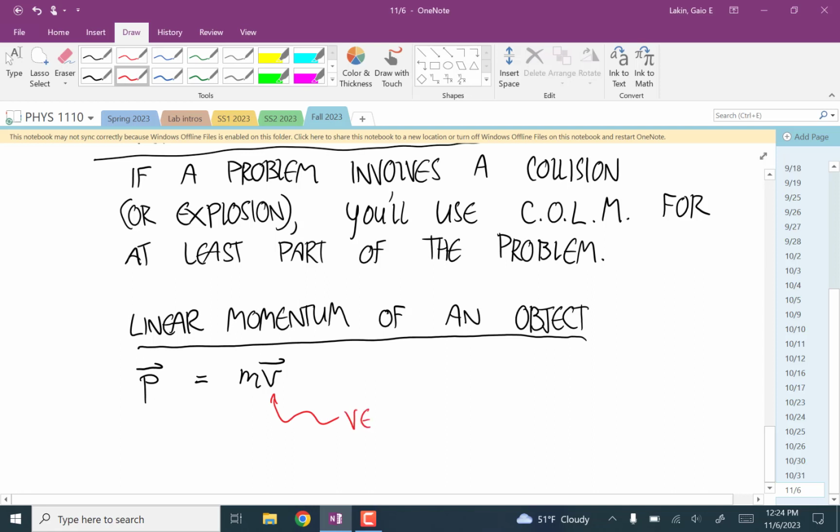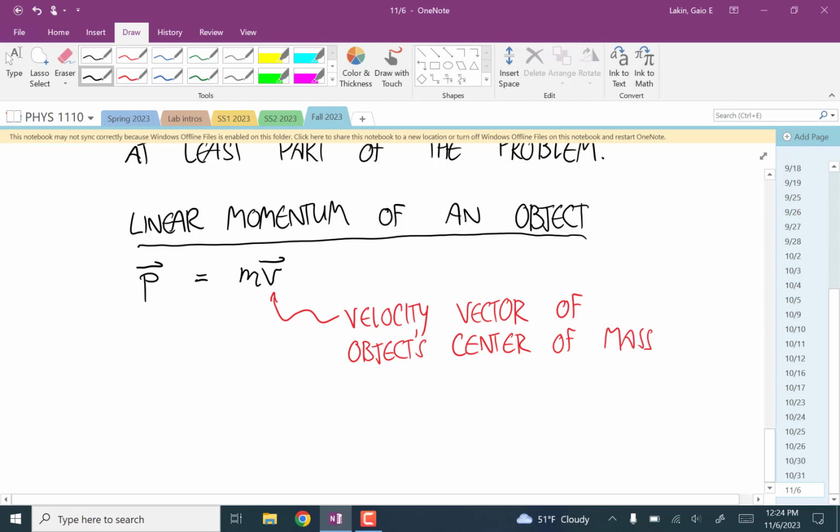So this is the velocity vector of the object's center of mass. The SI units for momentum are kilogram meters per second, which you can just get straight from that definition.